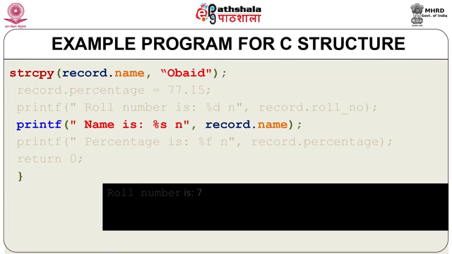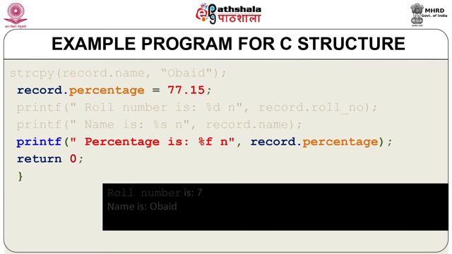This will display the name of the student. Here the name of the student is considered as Ubaid, and that is stored in record dot name. After this there is one more field, percentage. Record dot percentage is 77.15, and the same value is displayed using the printf statement.